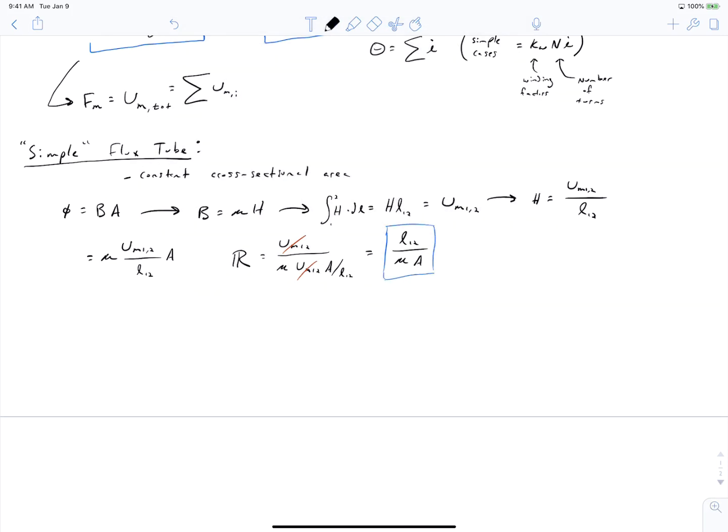Now let's go through a couple more definitions of terms as housekeeping items. So we've talked about reluctance. We can also talk about permeance. And permeance is equal to 1 over reluctance, and this is analogous to conductance.